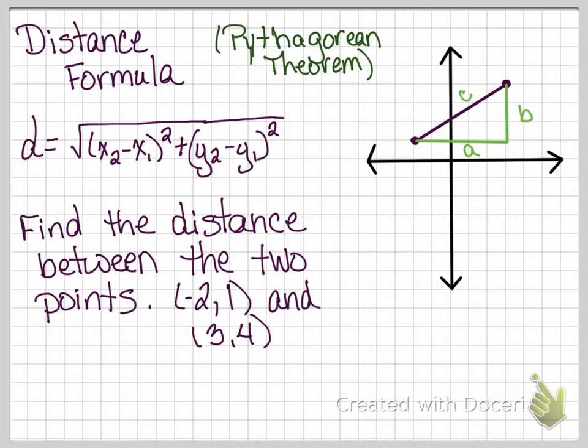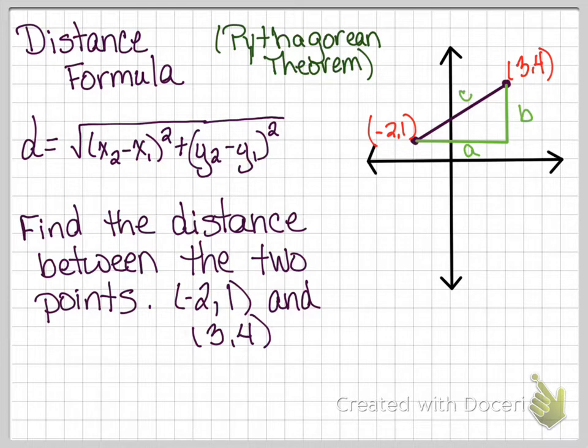So what I have right here is 2 points, negative 2, 1, and 3, 4. Here is negative 2, 1, and here is 3, 4. What the distance formula does is it creates a triangle.